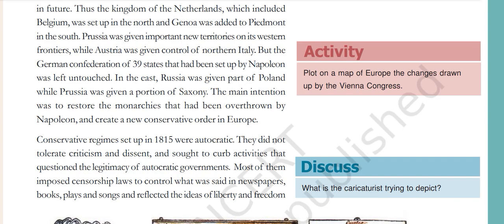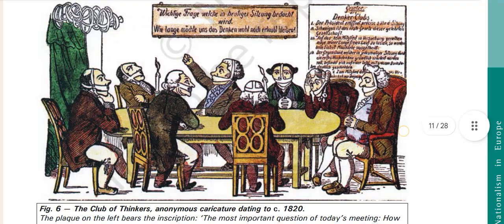They did not tolerate criticism and dissent, and sought to curb activities that questioned the legitimacy of autocratic governments. Most of them imposed censorship laws to control what was said in newspapers, books, plays, and songs, and reflected the ideas of liberty and freedom.